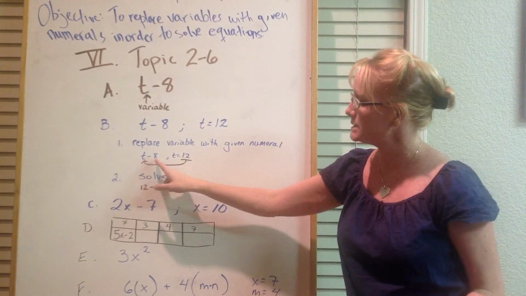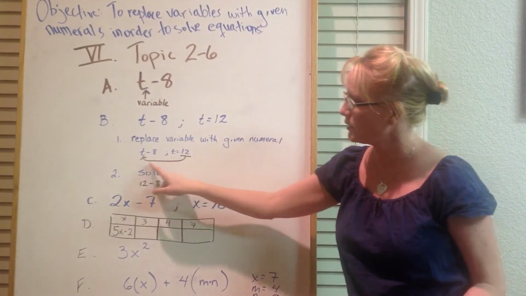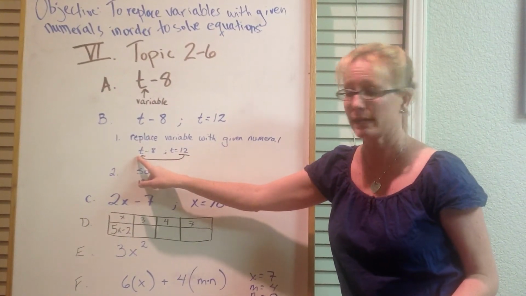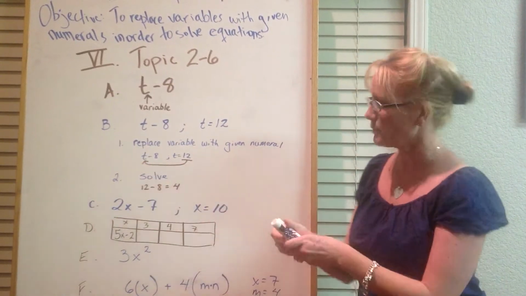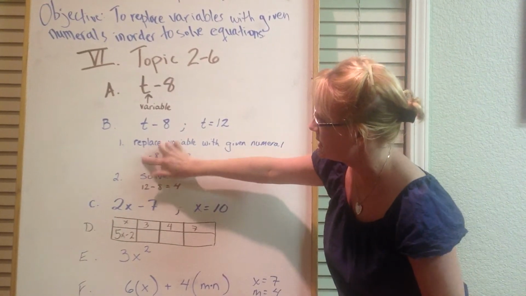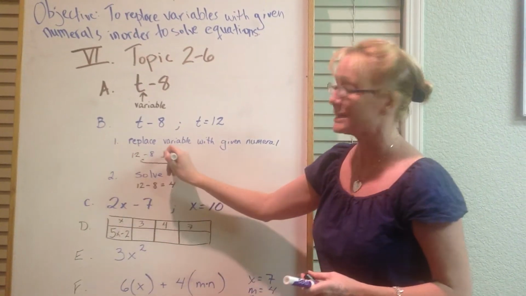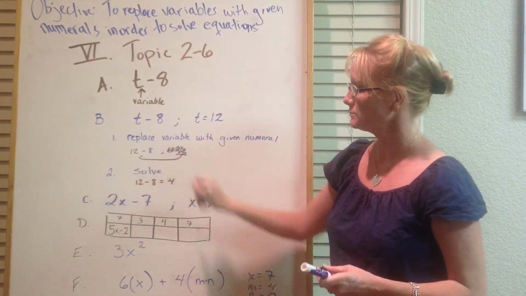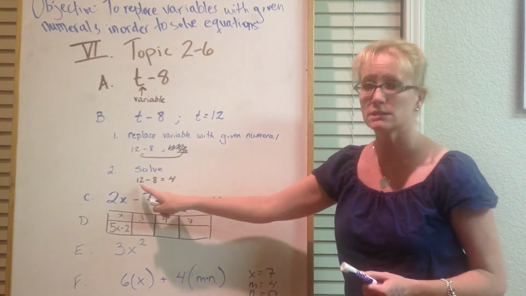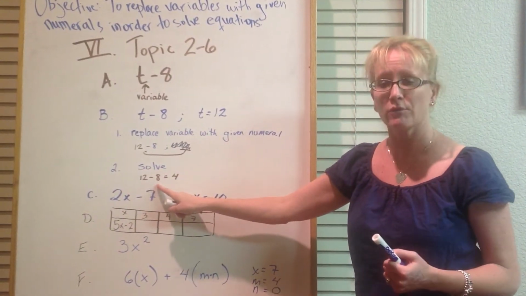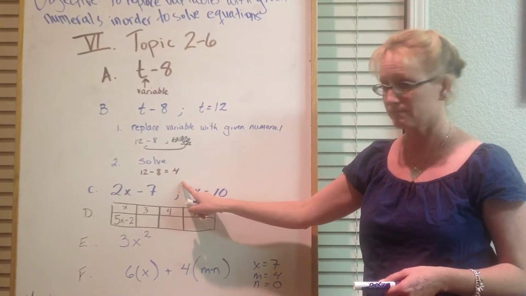So here I have t minus 8, and we replace the t with 12. That's my first step, is to replace it. So I have to rewrite the problem. I'm going to replace this t right here with the 12. And now I don't need this part anymore. So then my next step is just to solve. What is 12 minus 8? 12 minus 8 equals 4.